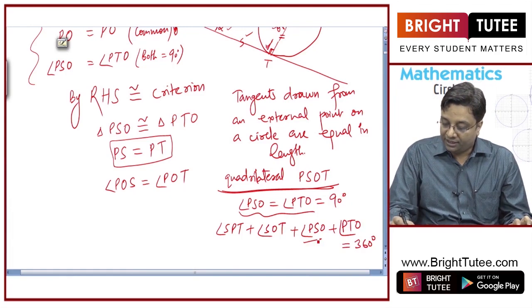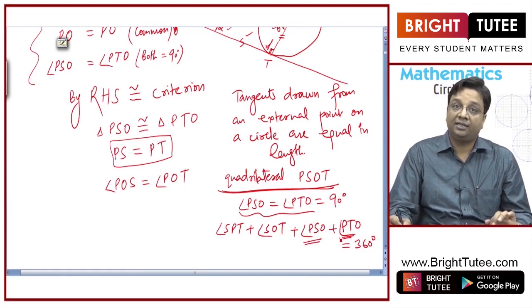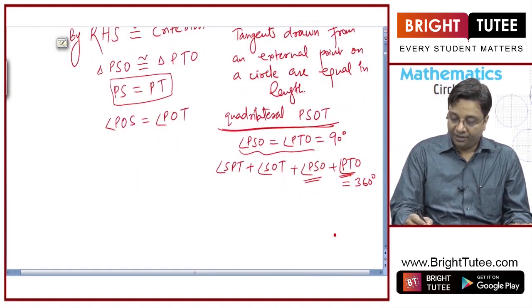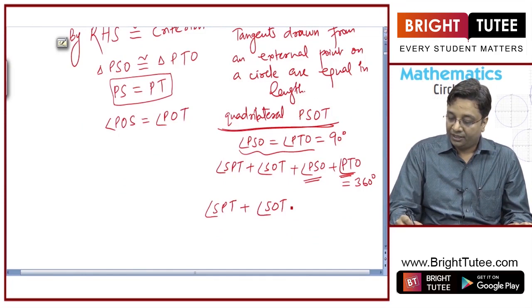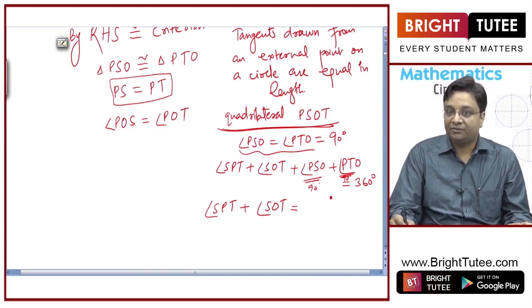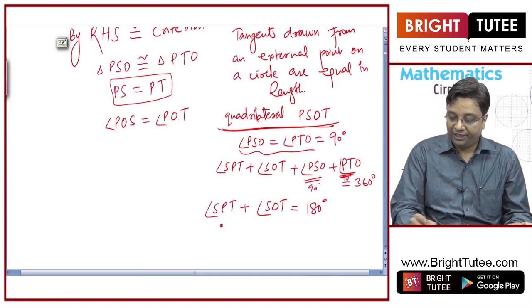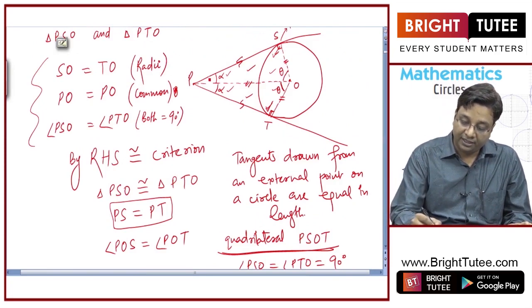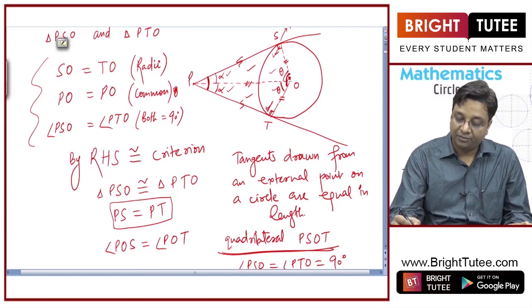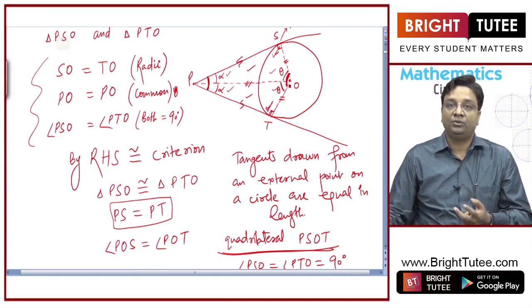But we know that this angle and this angle are equal to 90 degrees. So angle SPT plus angle SOT, with these two being 90 and 90, will be equal to 360 minus 180, which is equal to 180 degrees. So the sum of this angle and this angle is equal to 180 degrees.